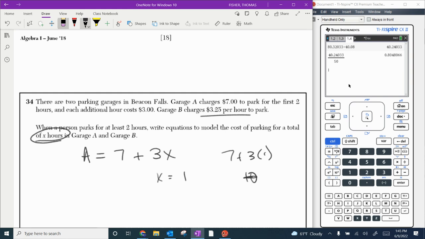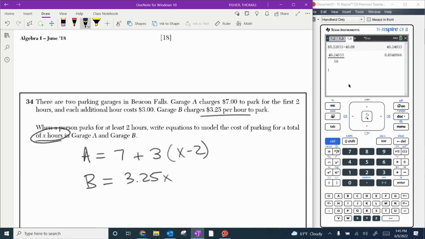So in order to account for that 2-hour difference that we need, you have to change that X to be X minus 2. That way, whatever you put in here, say you do 3 hours, you're only actually paying for 1 extra hour after the first 2. It's the extra part that can be confusing, which I don't like very much. Whereas the B is just $3.25 per hour.